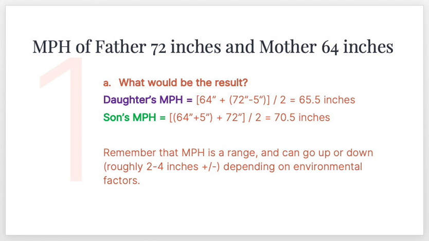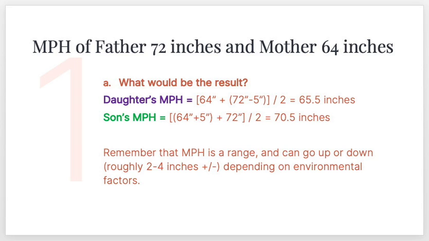So to answer the question here, the daughter's height would be 64 inches plus 72 inches minus 5, and then you would divide that by 2, giving a final result of 65.5 inches, or 5 feet 5, plus or minus 2 to 4 inches.